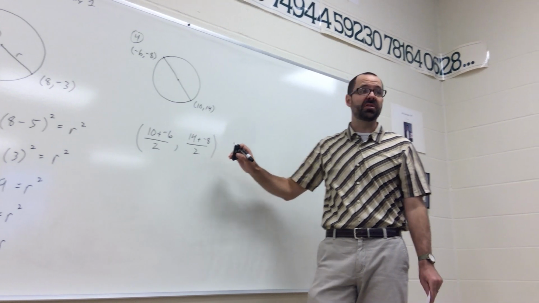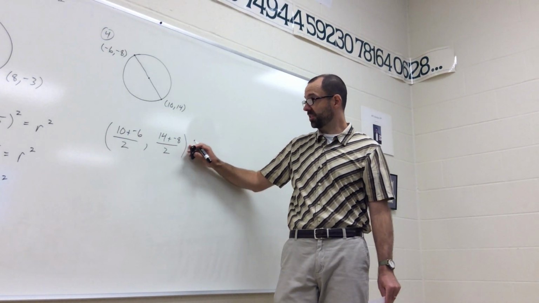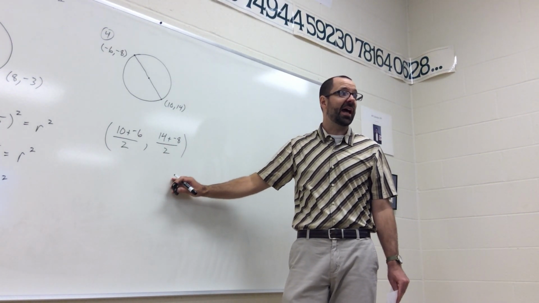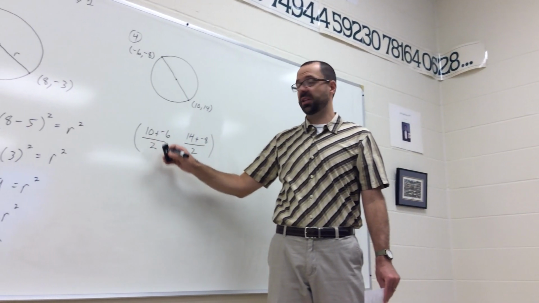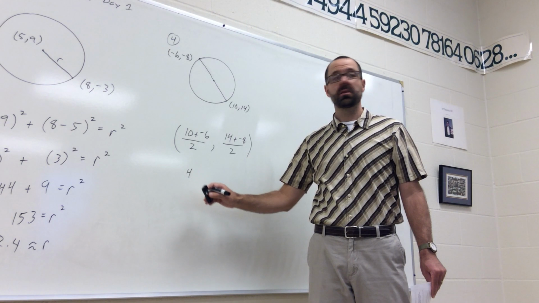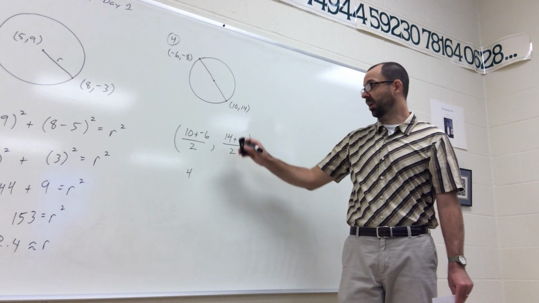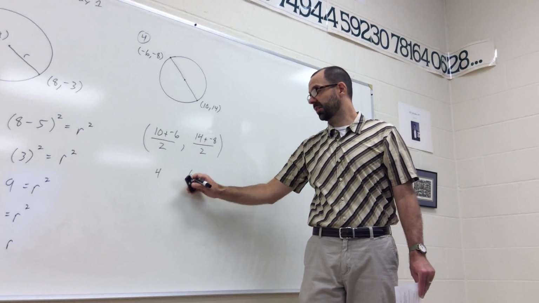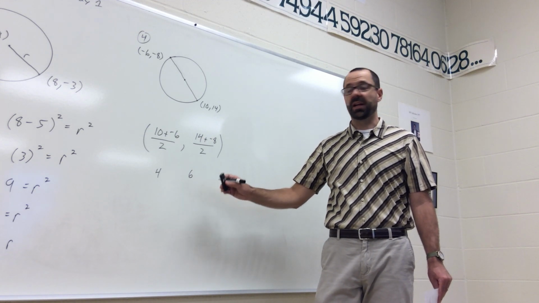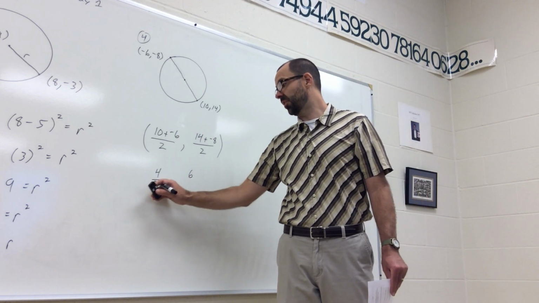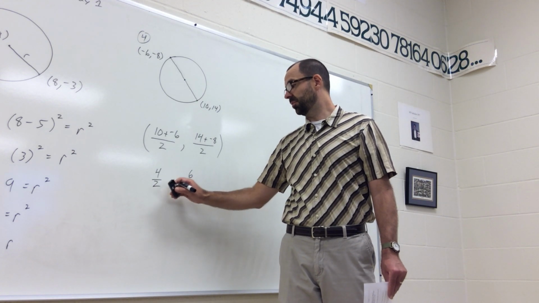Okay, so remember I like to do things systematically. So from this step to that step, I'm only going to add. So 10 plus -6 is 4. And 14 plus -8 is 6. And then I got to eventually divide, right? So divide by 2, divide by 2.